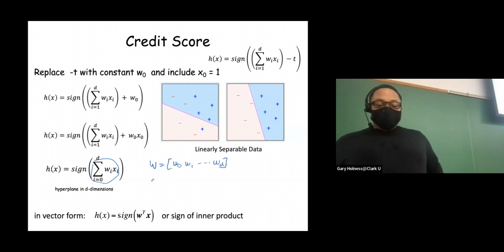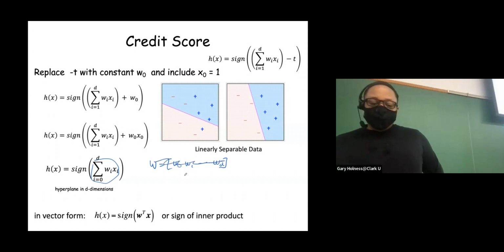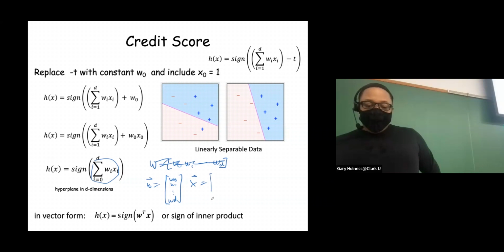If you want to make the assumption that they're column vectors, then let me just do that. w is just w naught, w1, wd. And your x vector represents all of your augmented data, augmented with x naught, so it's x naught, which is fixed to 1, x1, dot, dot, dot, xd.